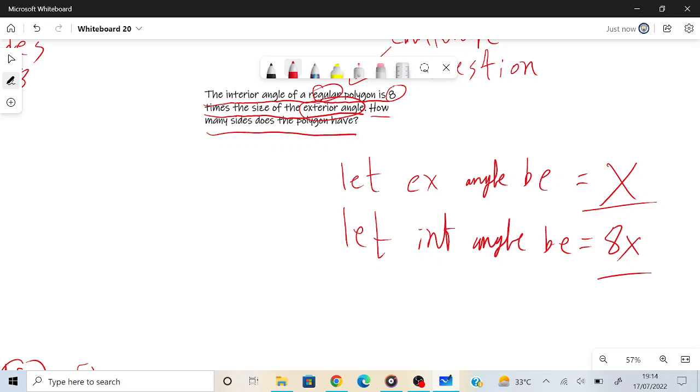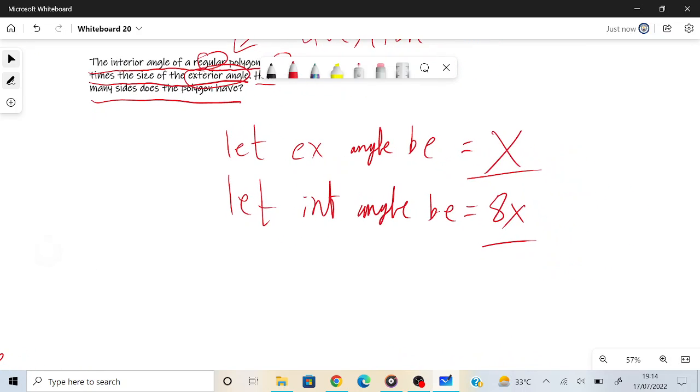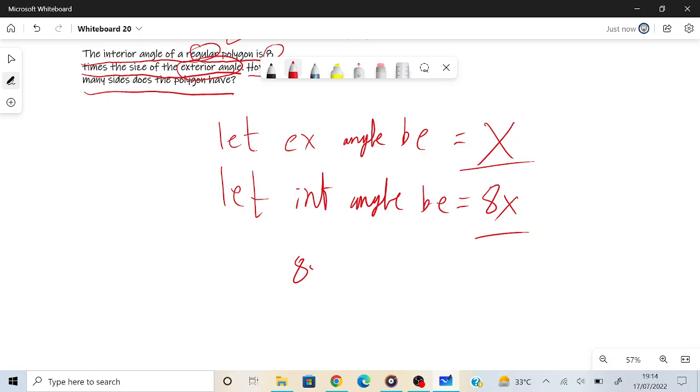And as we know, if you add up the interior angle and the exterior angle, that should give you 180 degrees. So 8x plus x gives me 180. Solving for x, I have 9x equals 180 and x being 20.